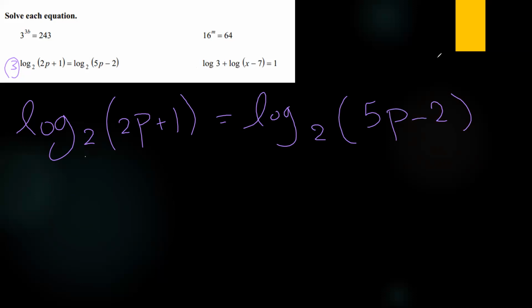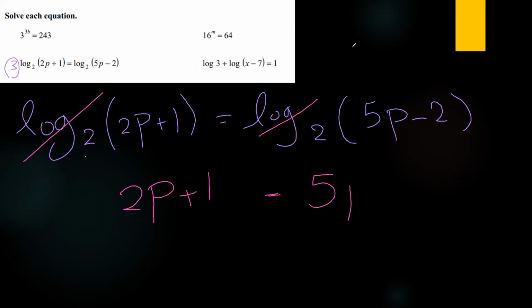Since we have logarithm to the base 2 on both sides, the logarithm with the same base, we can now raise 2 to them. That means they cancel, 2 to the base cancels logarithm base 2. Or you can say, without these steps, that logarithm cancels logarithm. So we have 2p plus 1 equals 5p minus 2, since you cancel the logarithm.